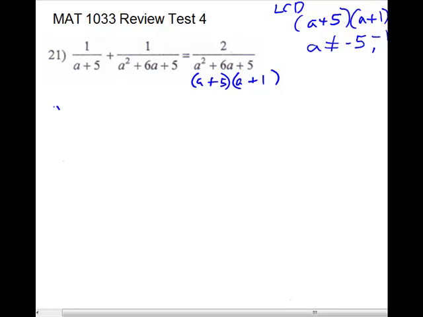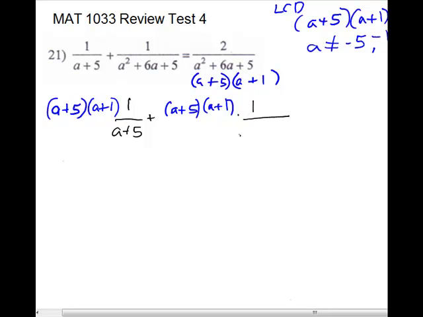You use the entire piece. And this is times 1 over a plus 5. I'll come back and clean up. And then I'm going to use a plus 5 and a plus 1 times 1 over.